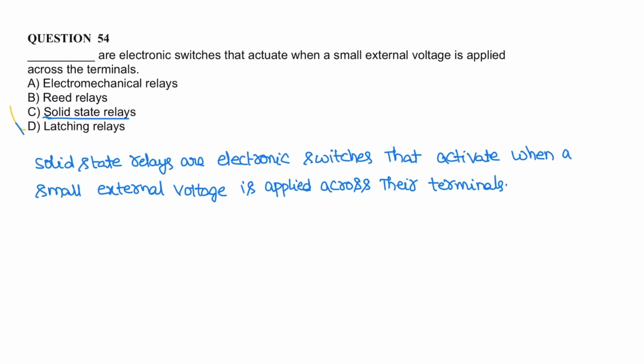Latching relay is an example of electromechanical, reed relay is an example of electromechanical. The electronic switch is the SSR, solid state relay.